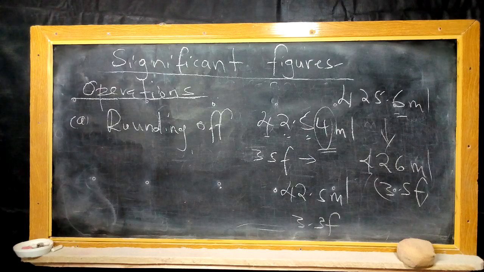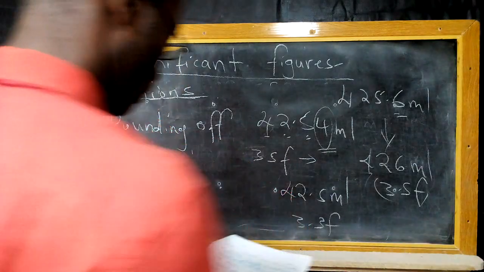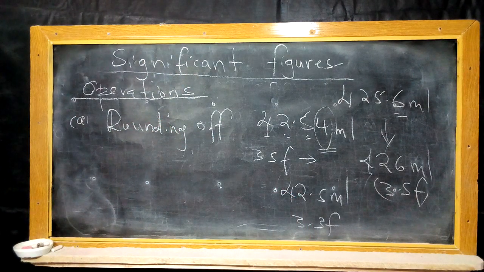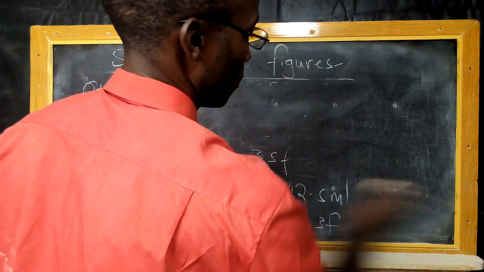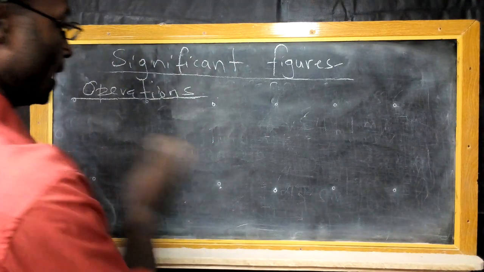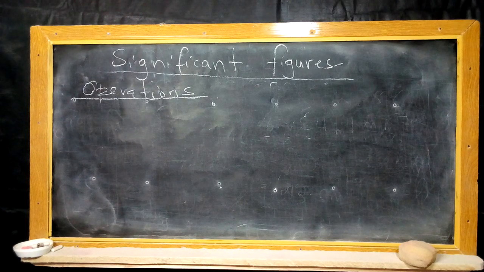Now for addition and subtraction of significant figures, there's a special case in that the answer will always be expressed to the precision of the least precise measurement.